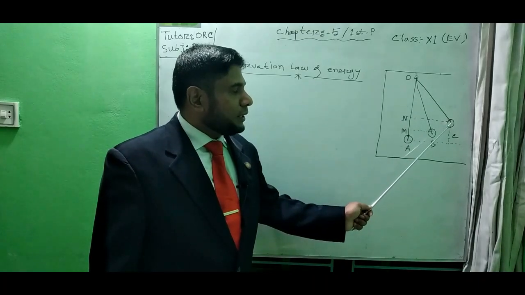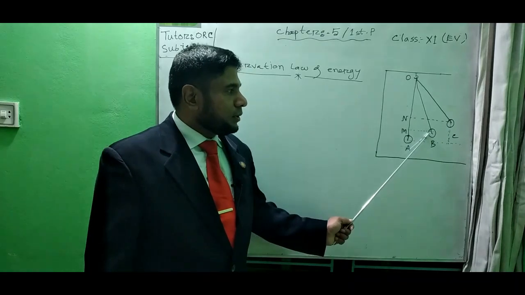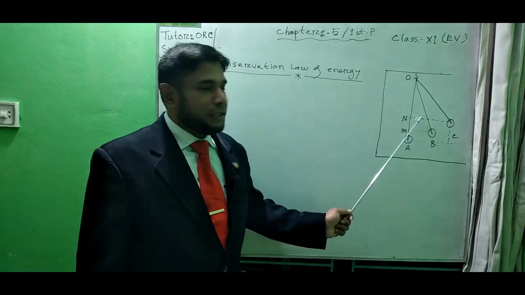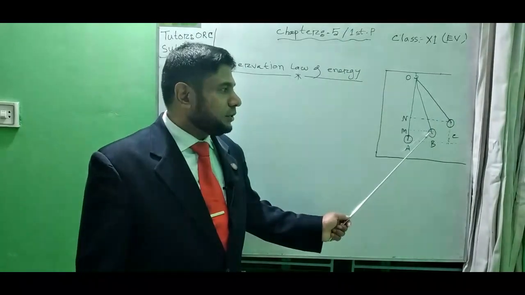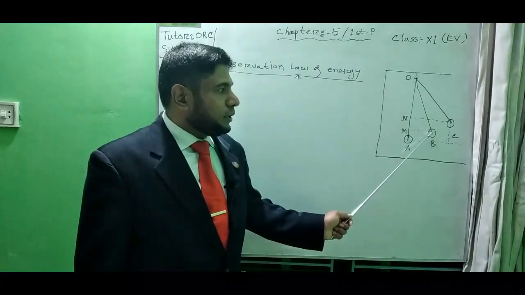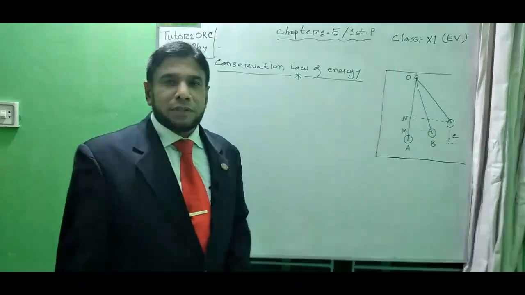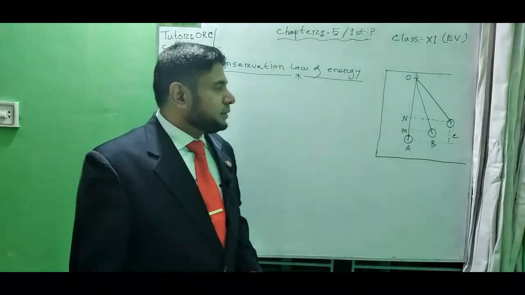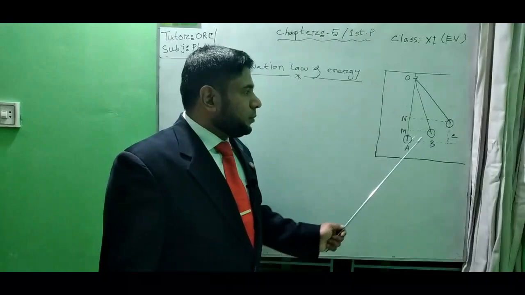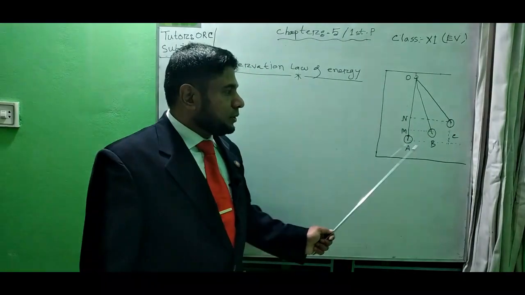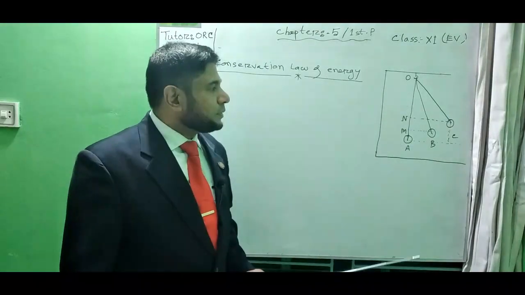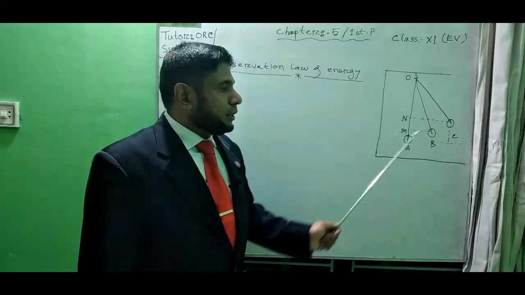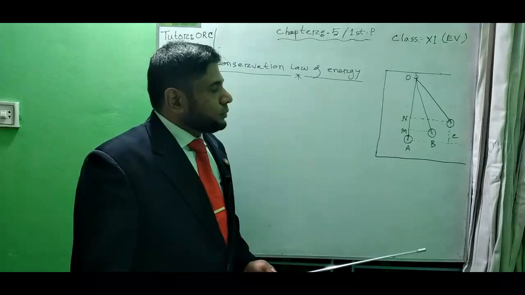Again, when the bob moves from C to B, it will be in a moving position, so we will get both potential energy and kinetic energy. When the bob crosses the equilibrium position A, its velocity will be the maximum velocity for the oscillation.